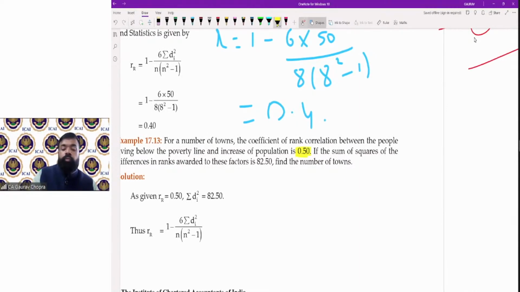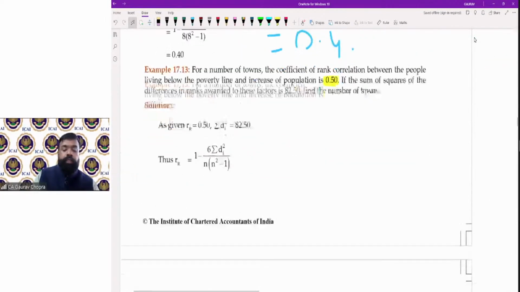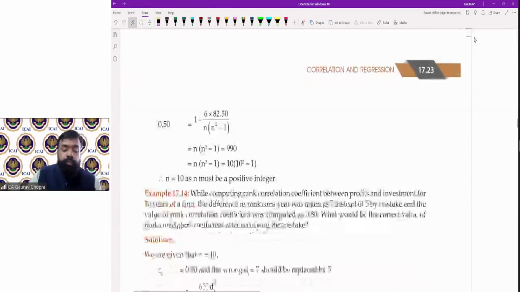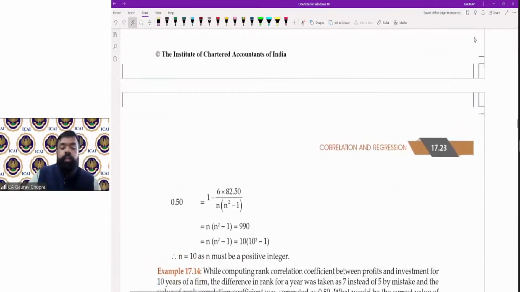If sum of squares of difference in ranks awarded is 82.5, find the number of towns. तो कितने टाउन हैं इसका पता लगाना है. That means you have to find the value of n. n का कैलकुलेशन करना है. So rest all is available.